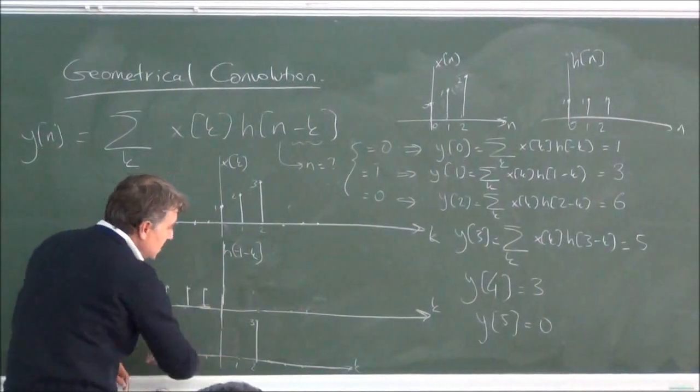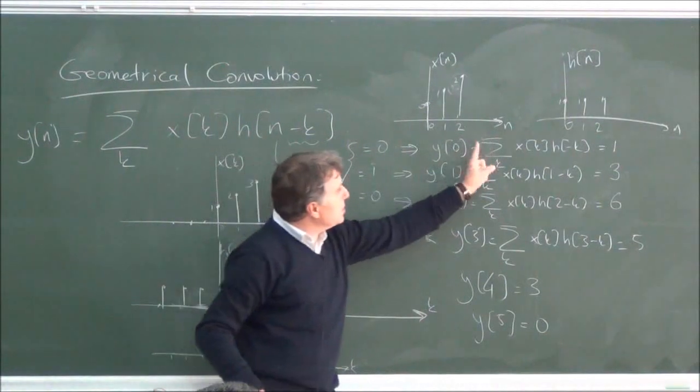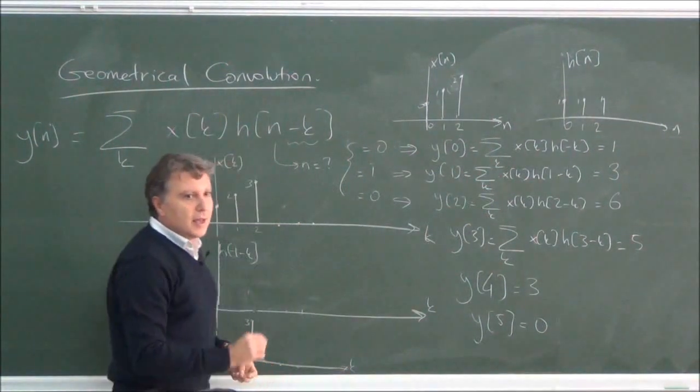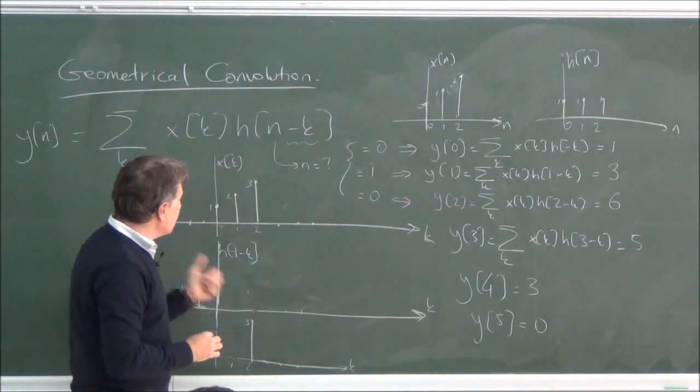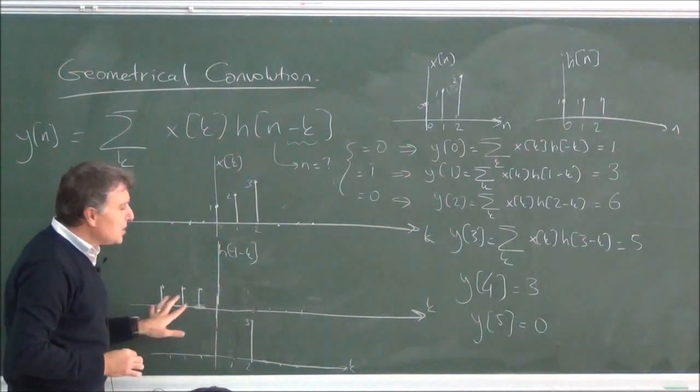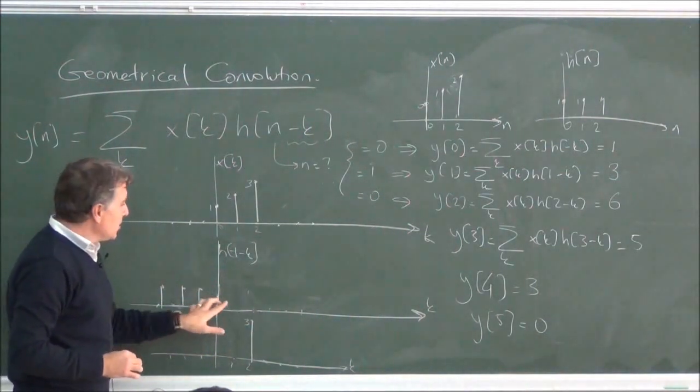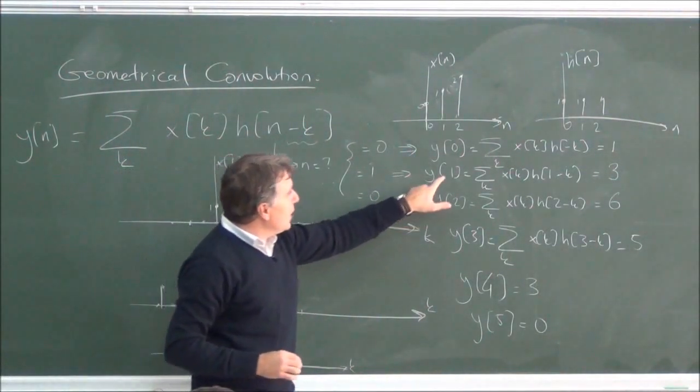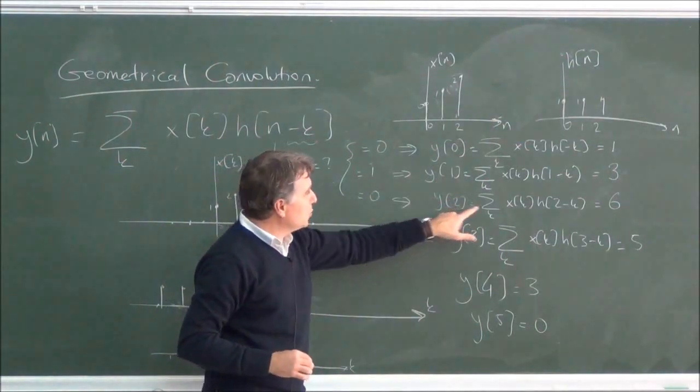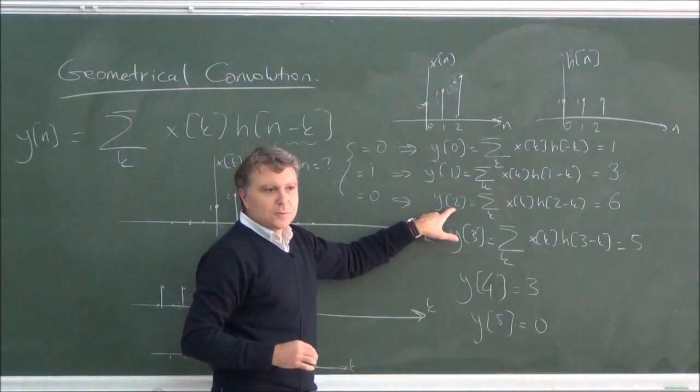And this multiplication is then accumulated. We put a summation for all k's. And the result will correspond to the output value at the corresponding shift amount. If the shift amount is 1, it will give you y of 1. If the shift amount is 2, it will give you y of 2.